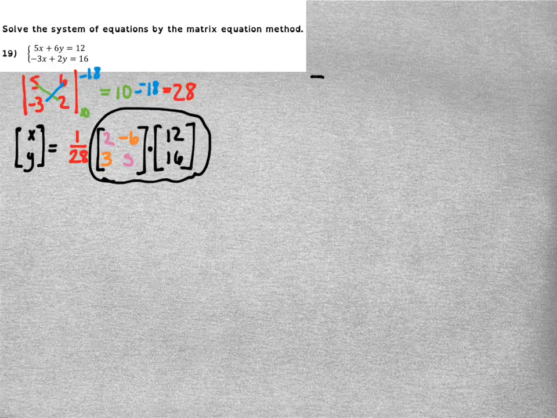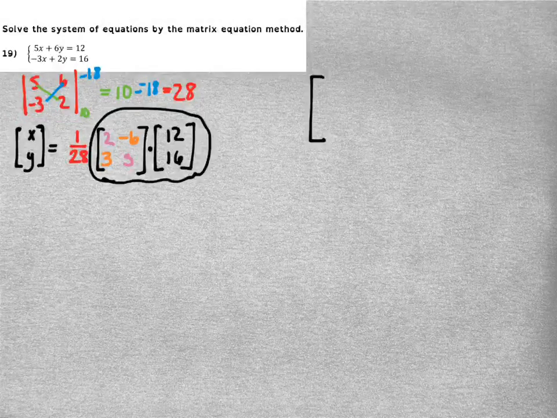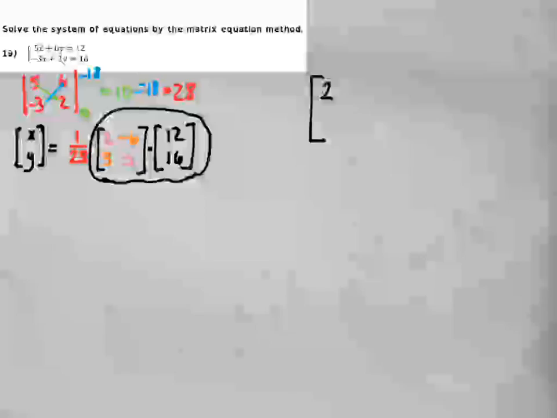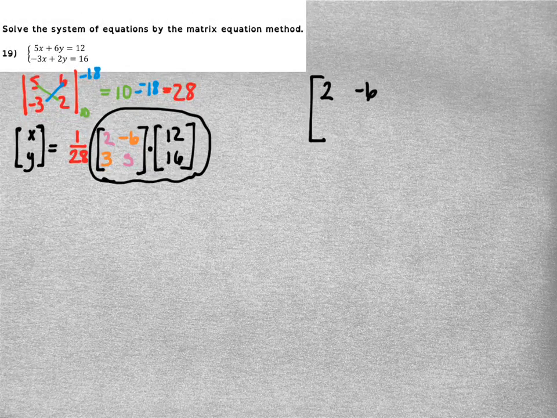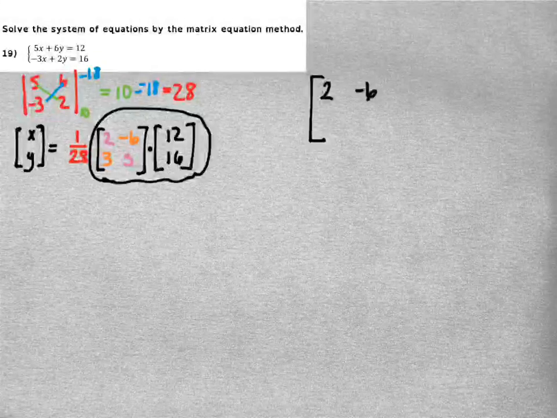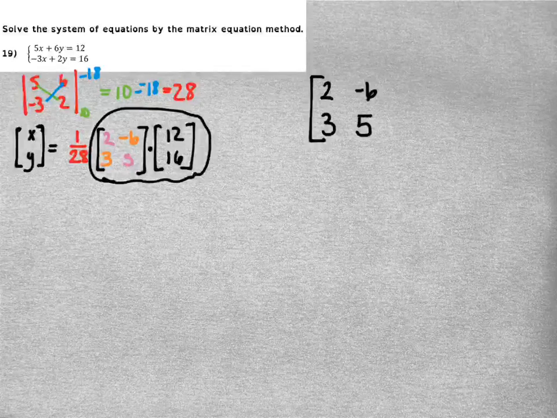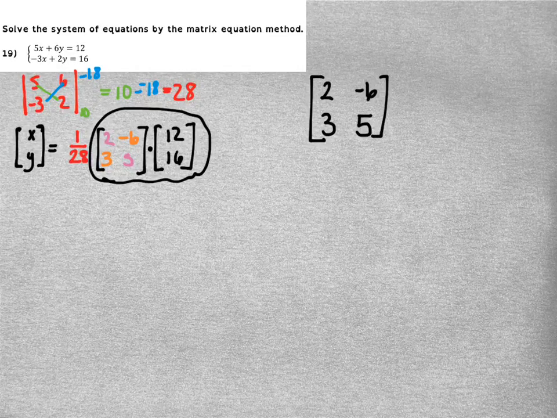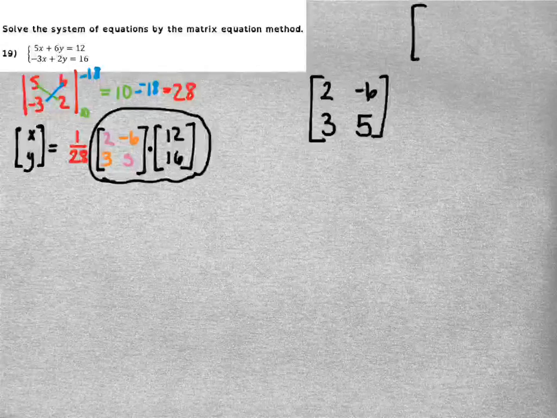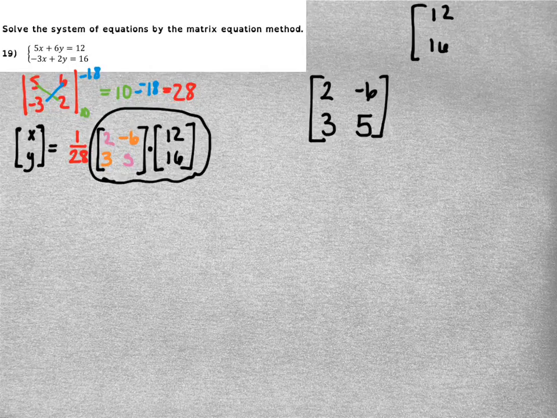And so that means I need to have my first one lowered. 2, negative 6, and 3, positive 5. My up matrix is the answer matrix, which was the 12 and the 16. It's always going to create just that column matrix.